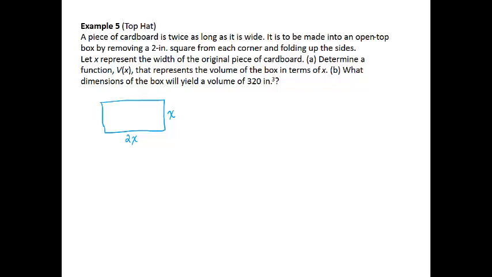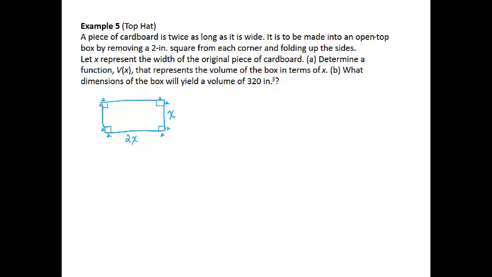So from this piece of cardboard, we're going to make a box, and we're going to do that by removing a 2-inch square from each of the corners. And so we know that the length and width of each of those pieces cut out is 2 inches. And so you can visualize this, right?